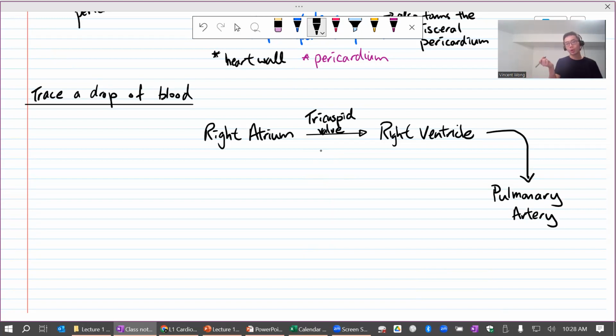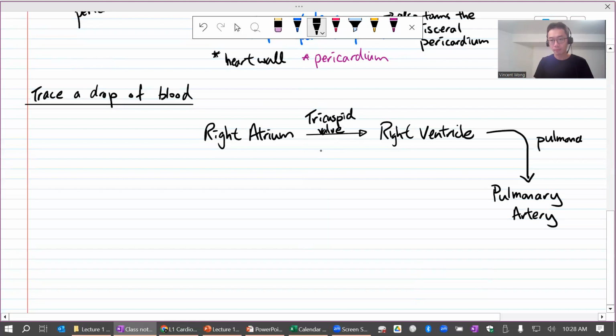But there is also a valve at the beginning of the pulmonary artery, right? And what's the name of that valve? Pulmonary valve. That's right.